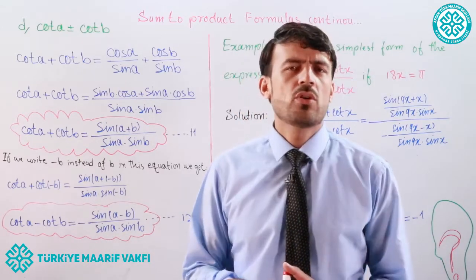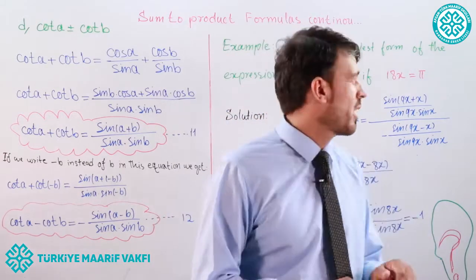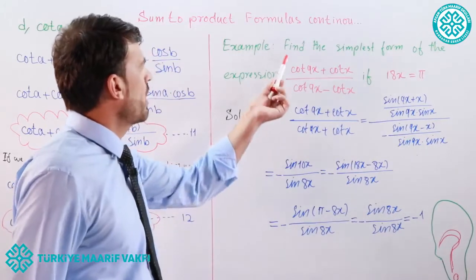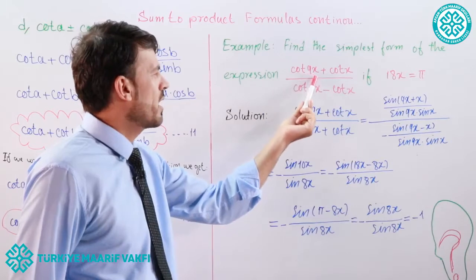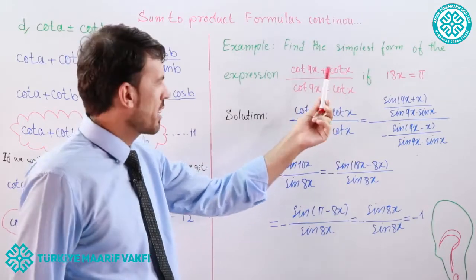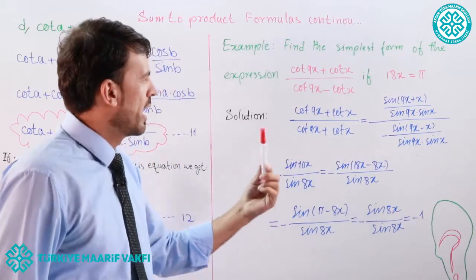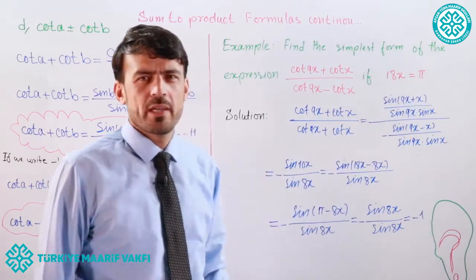Here I'm going to solve an example using these two forms of the formula. The first example is to find the simplest form of the expression cotangent 9x plus cotangent x over cotangent 9x minus cotangent x, if 18x is equal to pi.